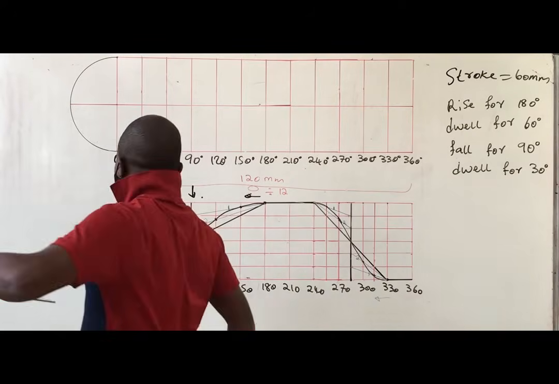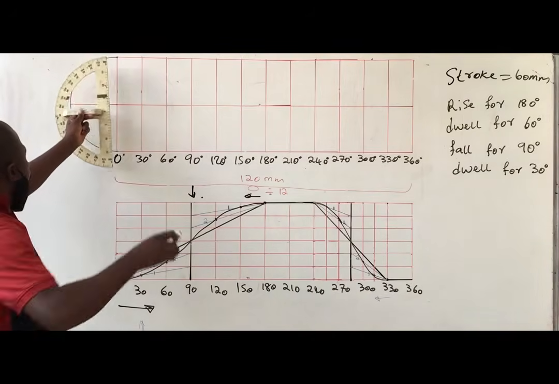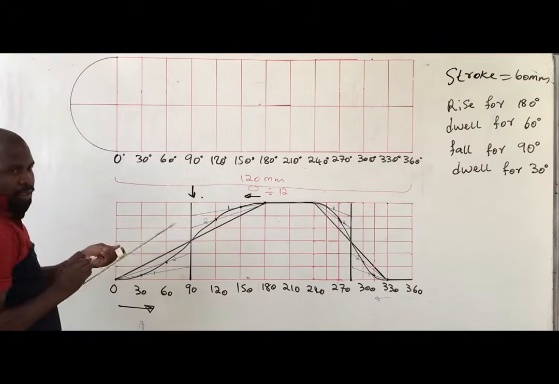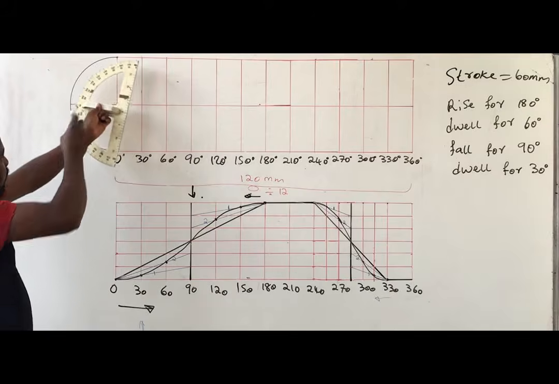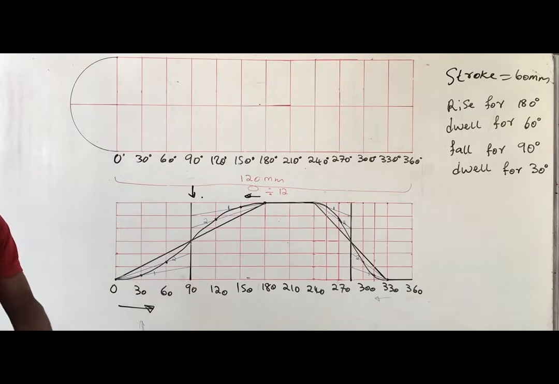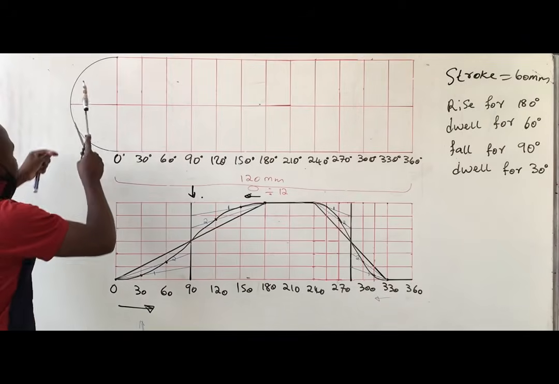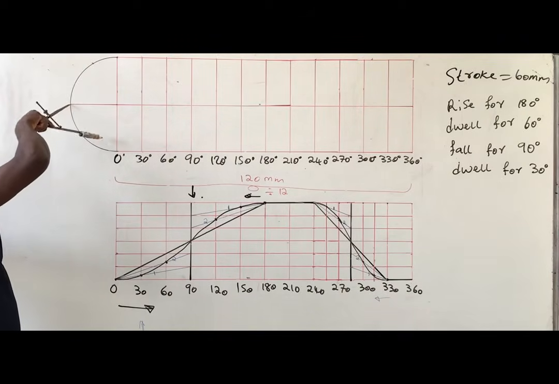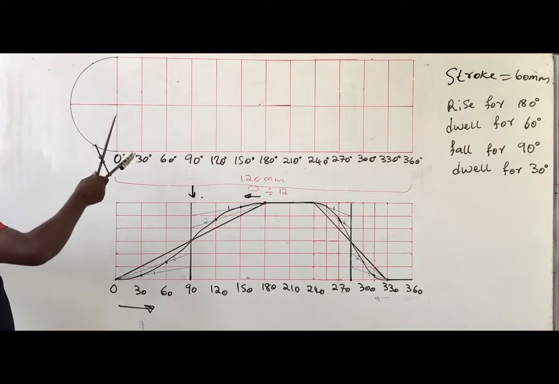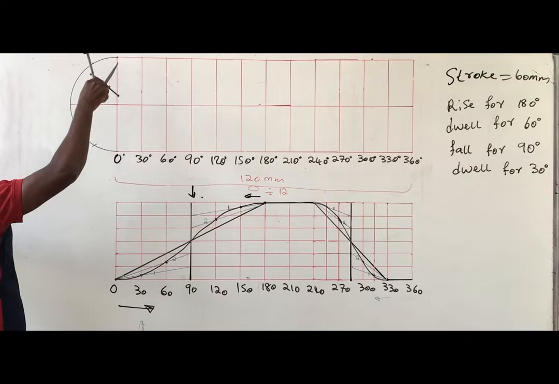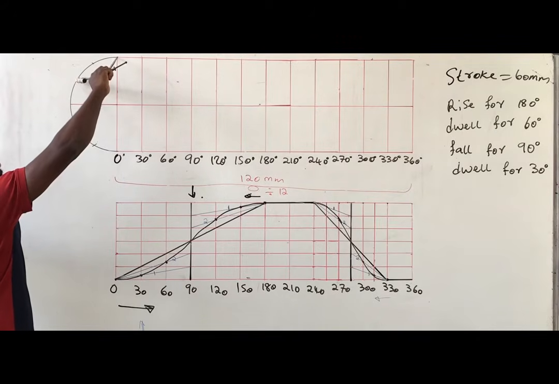From there, you take a protractor, you measure 30, 30, 30, 30. It's 30, 60, 90, 120. You measure. Or you take your compass, you put it there, you mark, you also put from the start, you mark, you also put up there, you mark.